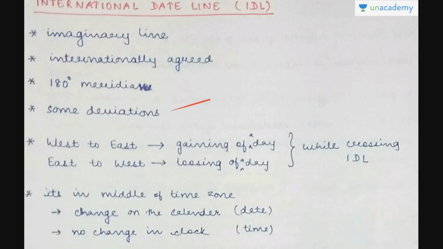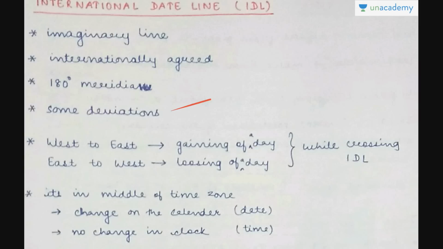And there are some deviations in this line. It is not a straight line like the other longitudes. This is because it has to accommodate some of the islands through which it passes. If it passed as a straight line, it would create a day problem for the people who are inhabitants of those islands.